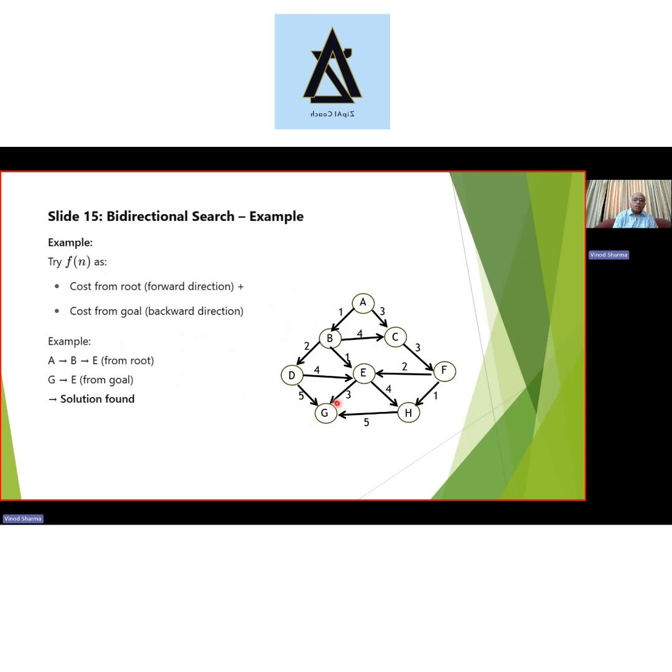From the goal, you can reach this in 3. From this, in the backward direction, you can reach the goal again in step cost of 3. So we can pick either from here to here or from here to here. So we have basically met here. So what is the solution we got? A to B, B to E, E to G, right? We got the solution.